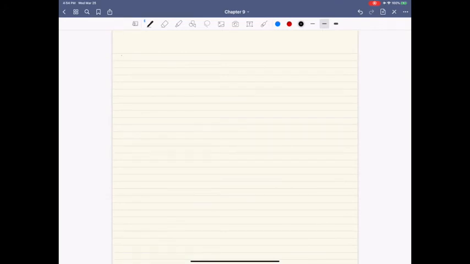So let's now calculate our standard enthalpy of reaction, our delta HR. The way we're going to do it here is via the heat of combustion method. And you'll see why I chose this method in a bit.